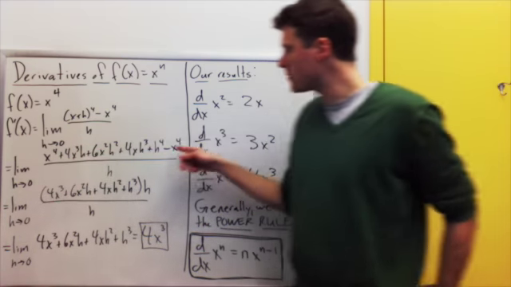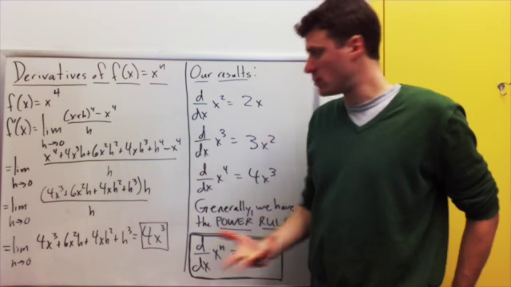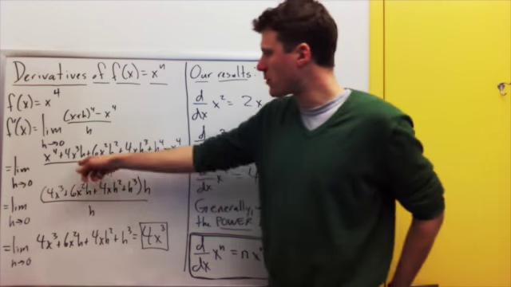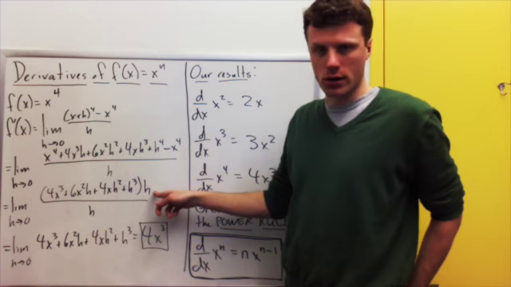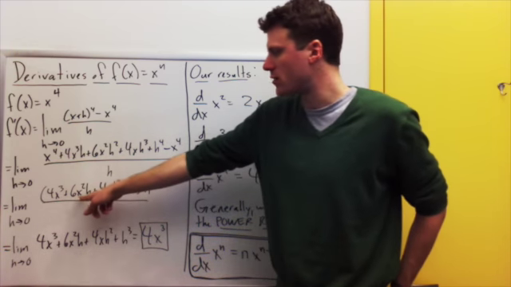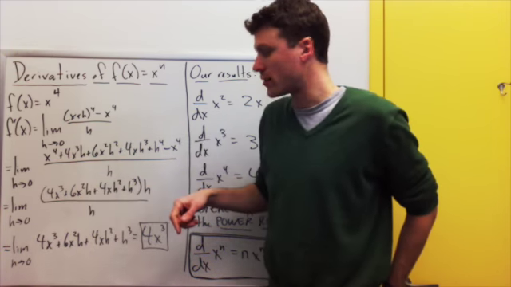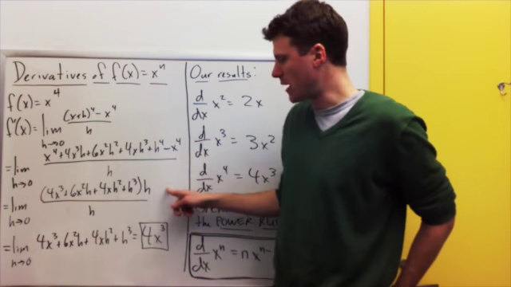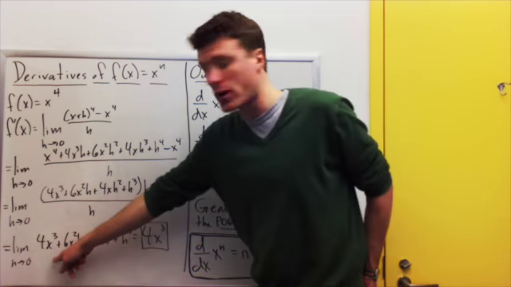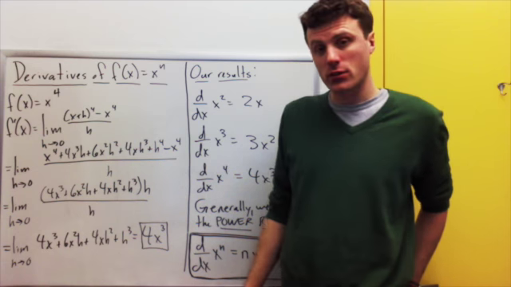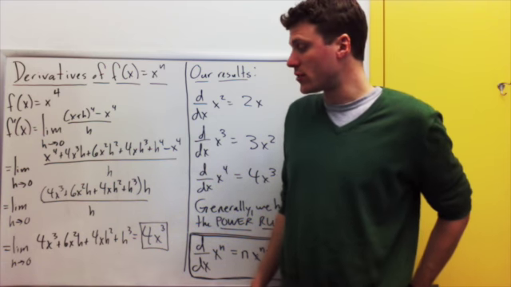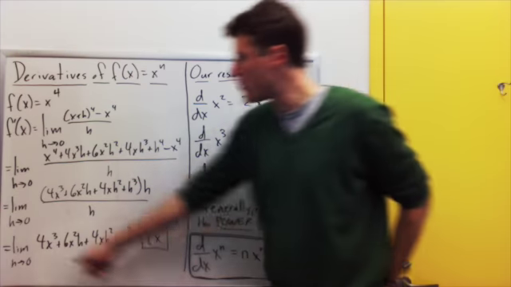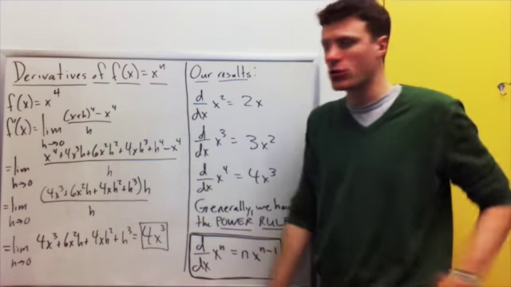Anyways, the x to the fourth and the minus x to the fourth cancel out, just as we've seen in the prior examples. And whatever's left has a factor of h that I can pull out, leaving me with 4x cubed plus 6x squared h plus 4xh squared plus h cubed, quantity, times h over h. My h's cancel, leaving me with 4x cubed plus 6x squared h plus 4xh squared plus h cubed. When I plug in 0, these last three terms go to 0, leaving me with 4x cubed.